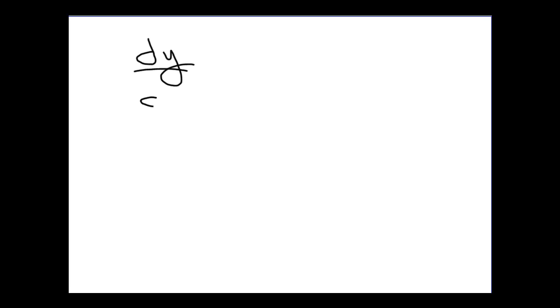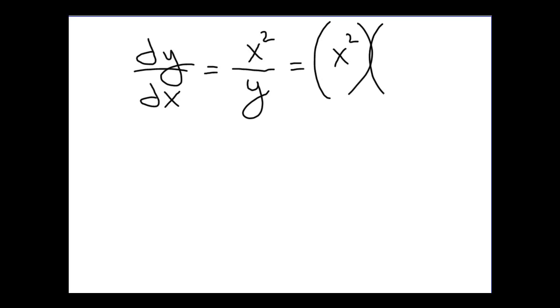So let's take a look at the example dy dx is equal to x squared over y. This is a separable differential equation because I can write this as a function of x and a function of y multiplied together.